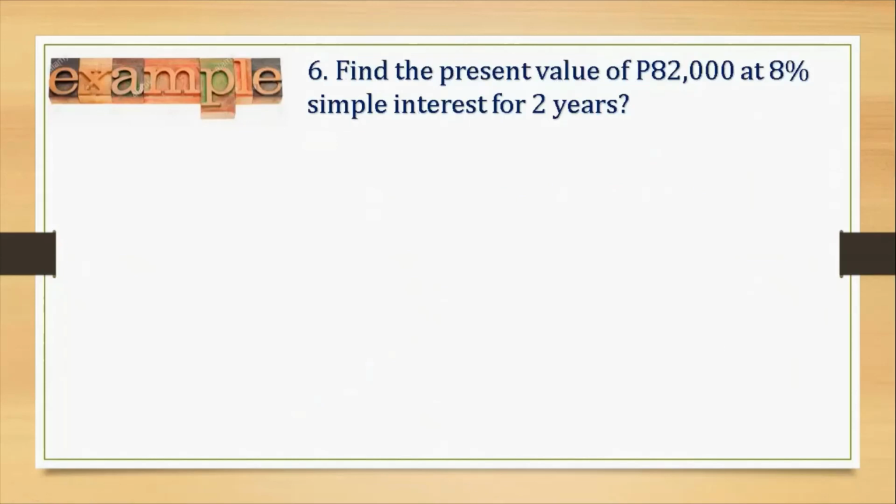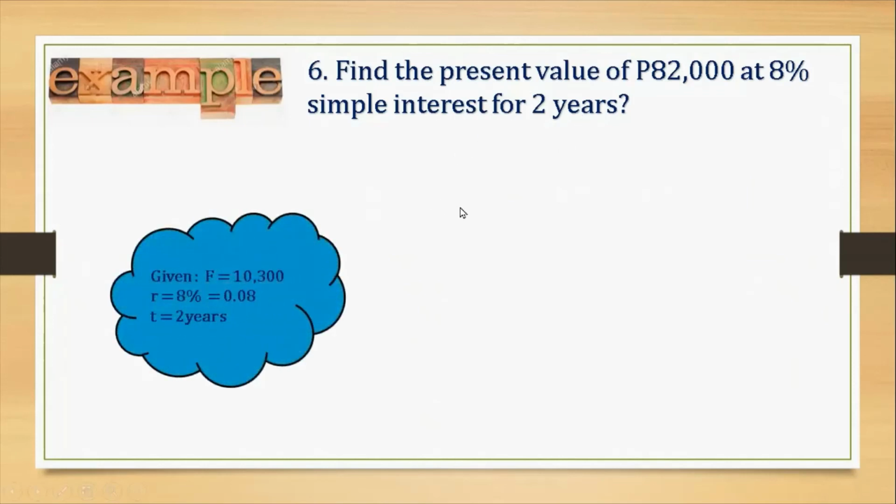Problem number 6. Find the present value of 82,000 at 8% simple interest for 2 years. So this is very easy. You need to identify first the given, which is the future value or the maturity value that's equal to 82,000, and for our rate that is 0.08, and for our time that is 2 years.